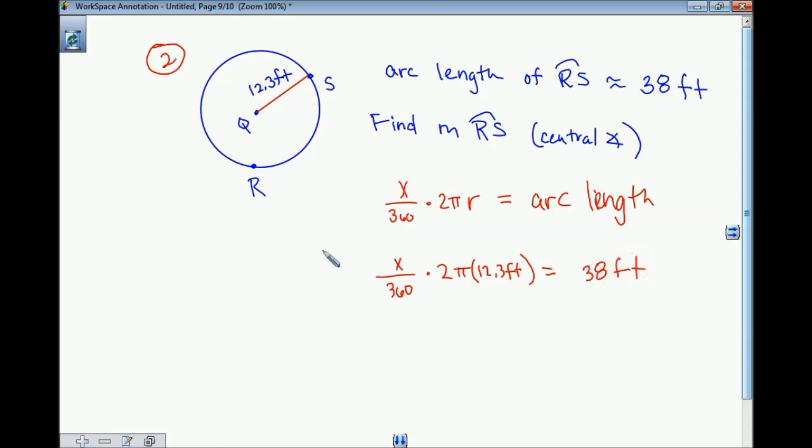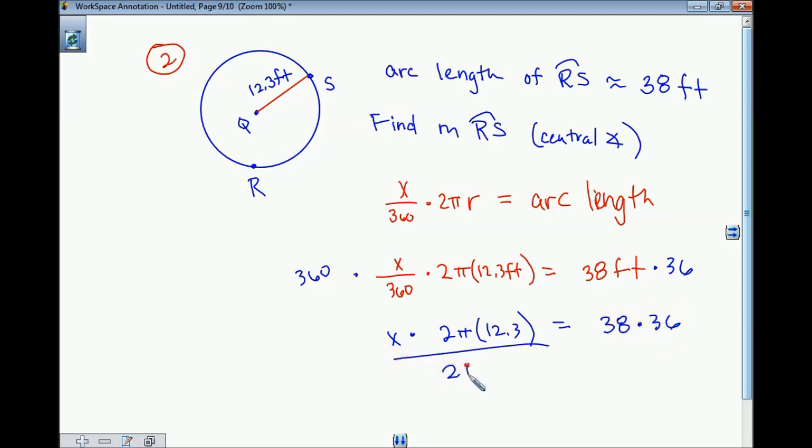To solve this, you might first want to multiply both sides by 360. And so we get x times the 2 pi 12.3 is equal to 38 times 360. And then we would divide by the 2 pi times 12.3, and make sure when you do your division that you're dividing by all of this.